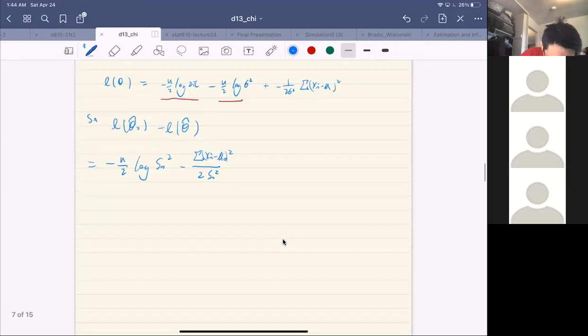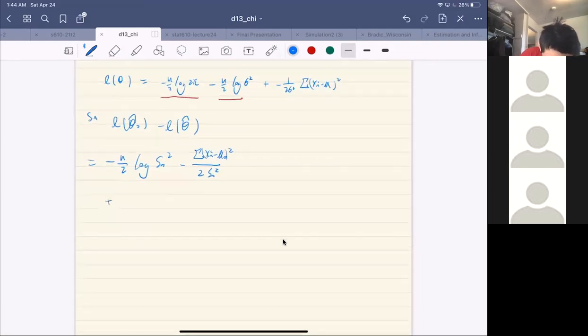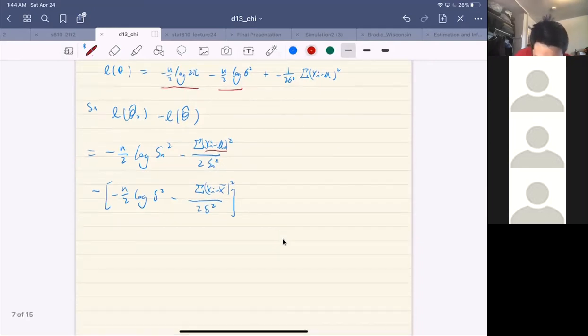And it's also the same term, minus s square. And we know that this is equal to ns0 square, and this is equal to ns square.